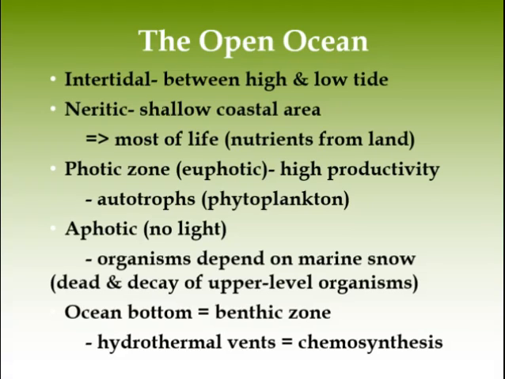The oceanic zone is divided vertically into the photic zone, which is lit by sunlight, and the aphotic zone, which does not receive sunlight and is therefore dark. The uppermost portion of the photic zone is called the euphotic zone, which means that it has enough light to allow for photosynthesis. And the bottom of the ocean is the benthic zone.